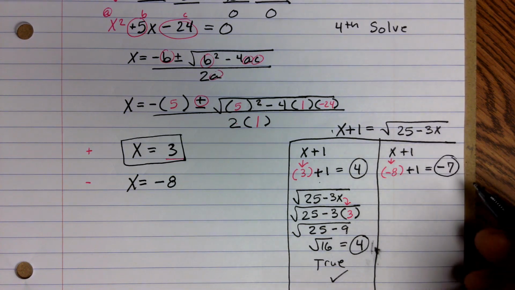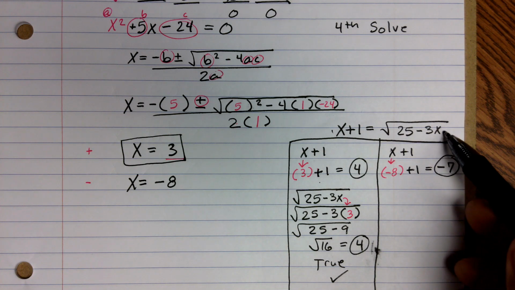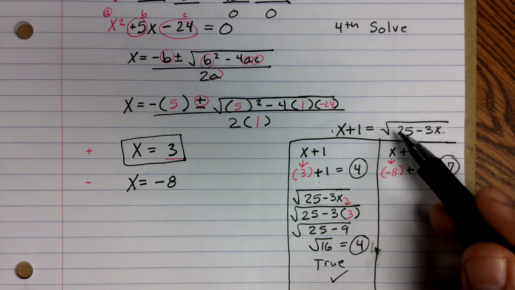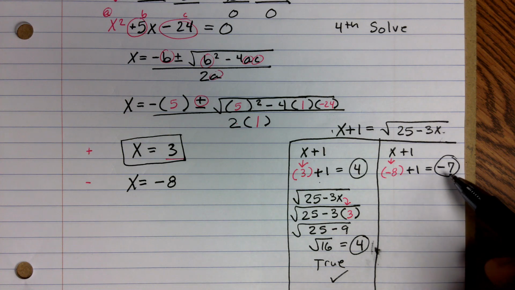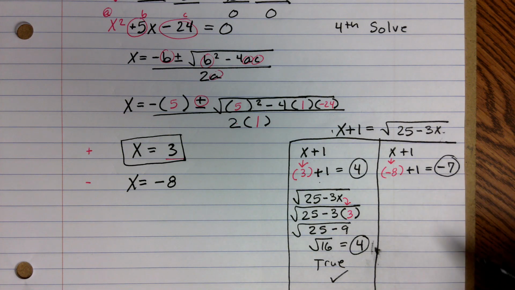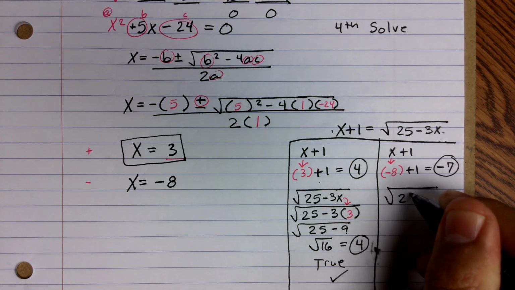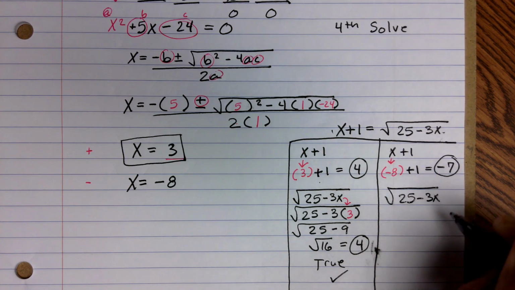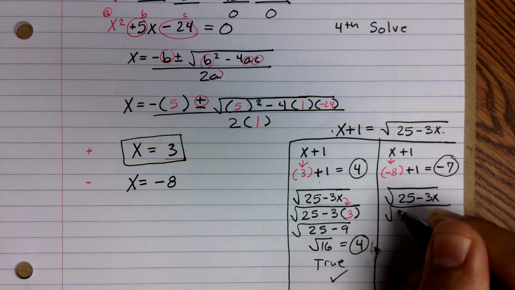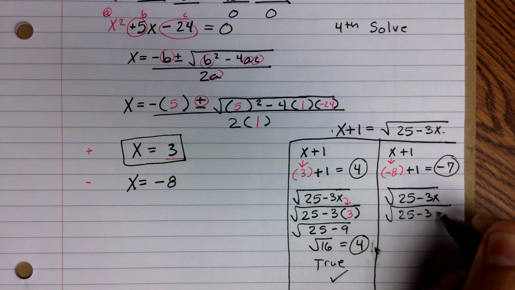So if this is a solution, when we substitute -8 in place of the x on the right side of the equation, where this radical is, we should also get -7. So I'm going to go ahead and do that. We have the square root of 25 minus 3x. We are now going to substitute for that x value.